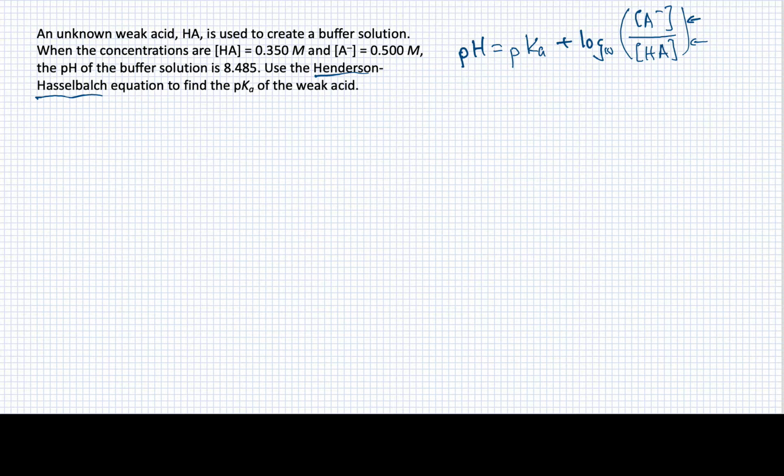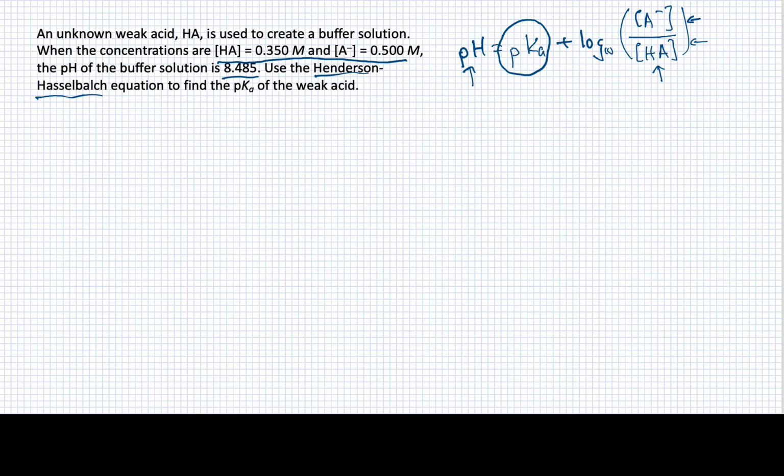In this particular problem though, we're told what the pH is, so we're given this number, and we're given the concentrations of the weak acid, undissociated, and its conjugate base. We're given both of these concentrations, and what we're asked to solve for is the pKa. So now I need to rearrange the Henderson-Hasselbalch equation.